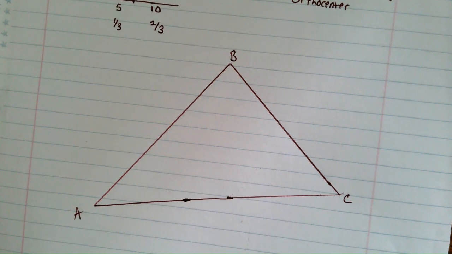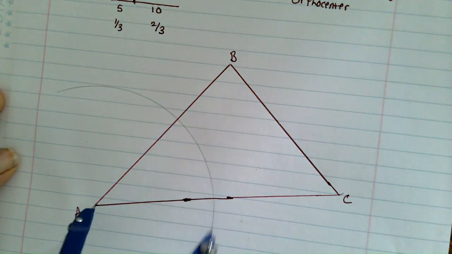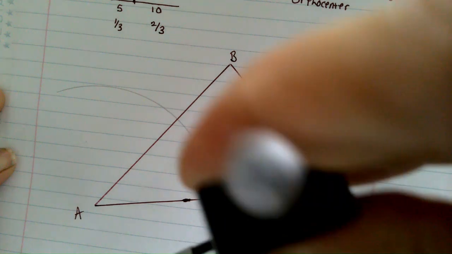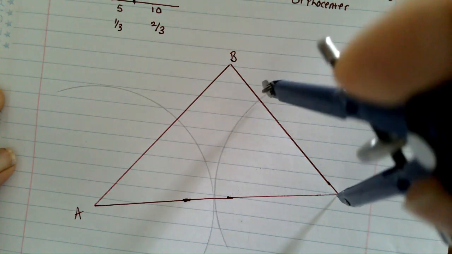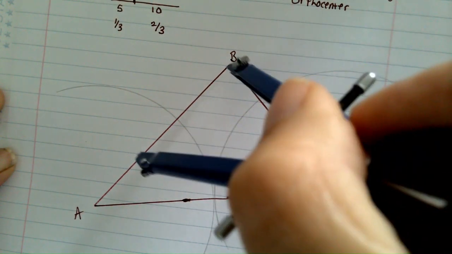Okay, so remember to find the median, the midpoint, I'm just going to draw a bunch of circles. I'm keeping the same radius for all of them. Ooh, I might have needed a bigger radius. I think it's close enough I can tell.